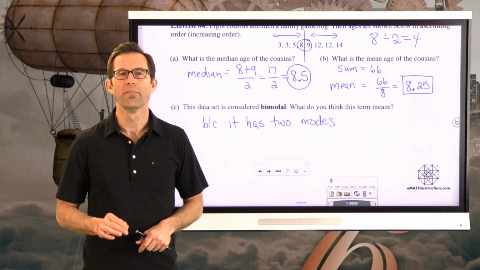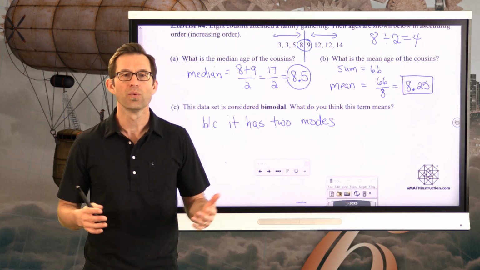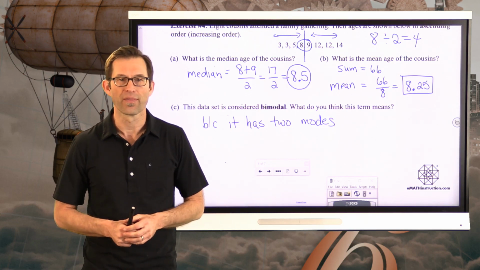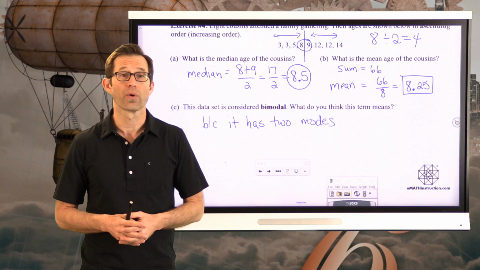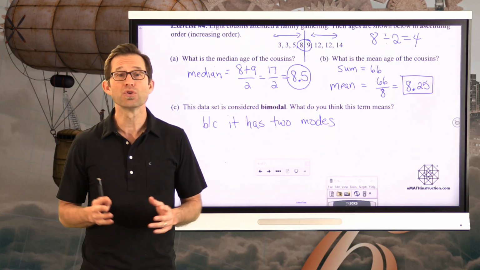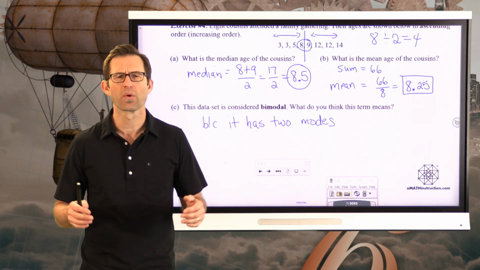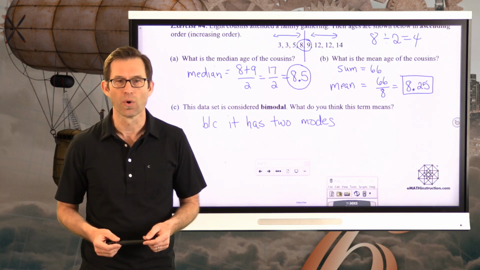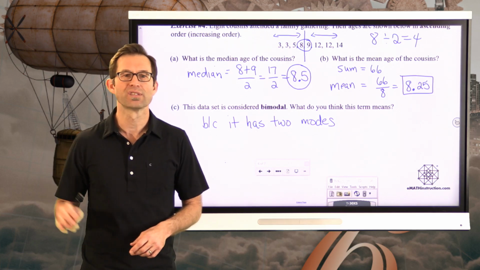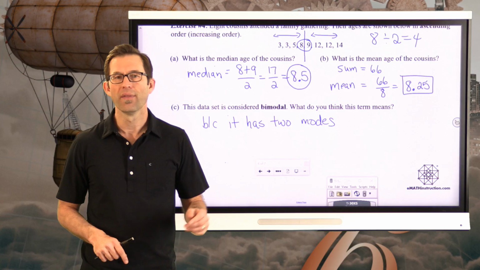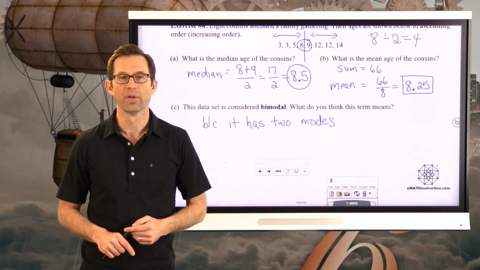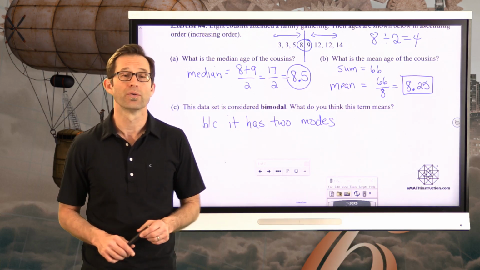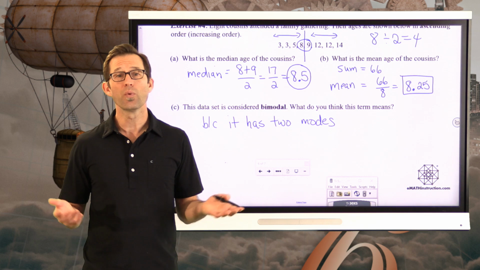Here's a situation where the mode might make sense. Let's say you were throwing a birthday party for a bunch of 7th graders. So let's say there were like 8 kids there and 6 of them were 13 years old, right? Maybe you had an older sibling who was 18 years old and then a baby sibling that was, I don't know, 2 years old or something. Then the mode would make a lot of sense.